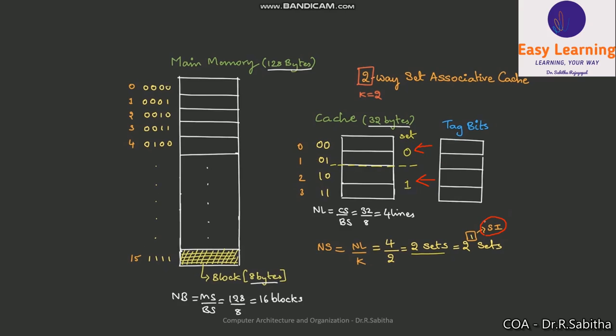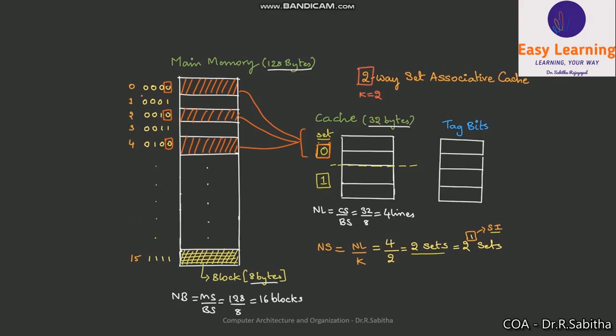We have additional circuitry here which will hold the set index. Because we have 2 sets here, only 1 bit is enough to select either set 0 or set 1. Hence the set index is 1 bit wide. Now, let us see how main memory blocks are mapped to the cache.